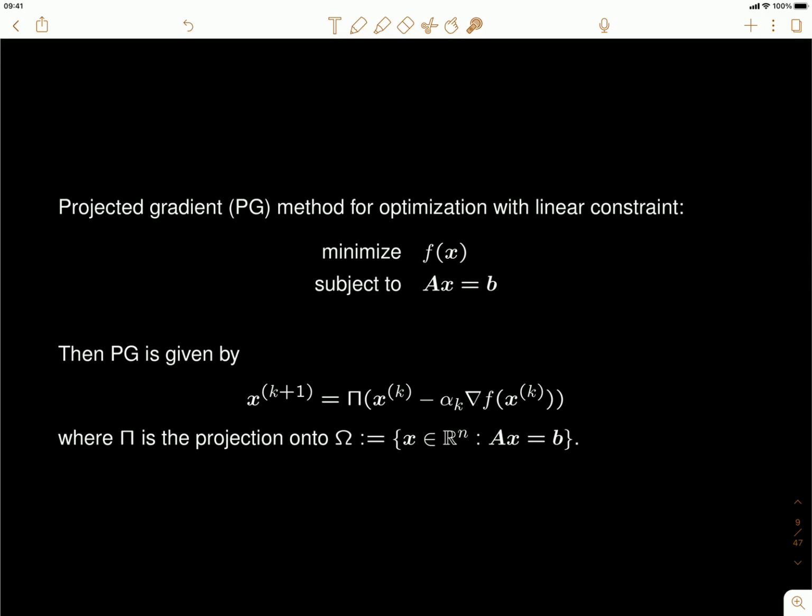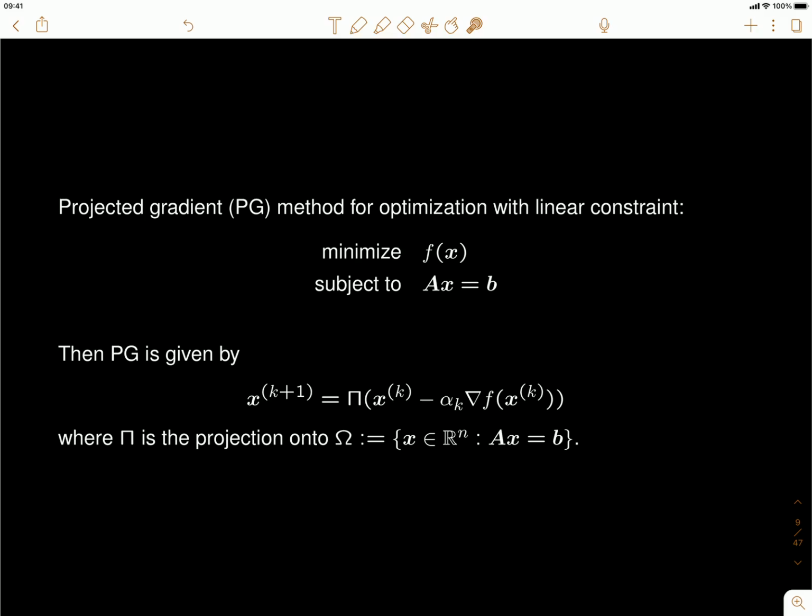Well, let's look at an example, a more special example where the constraint is linear. As we said, we suppose we have this as our constraint, and we're trying to minimize f of x such that this is true. Let's see what this problem is: we're trying to minimize f of x subject to this constraint Ax equals b.